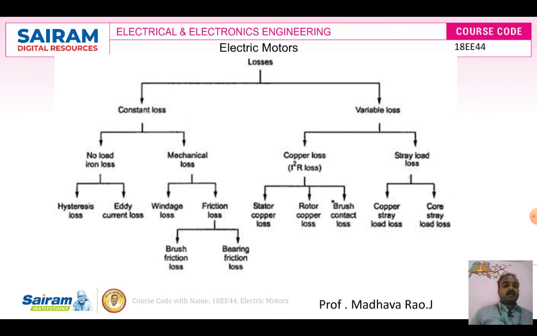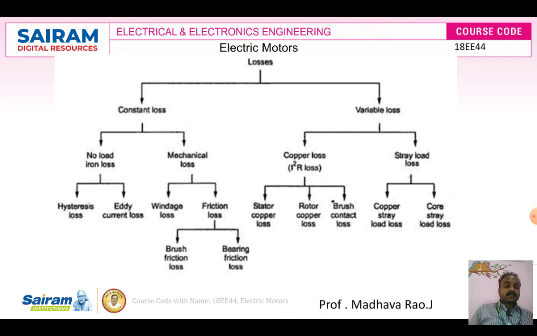Mechanical losses are produced due to windage or bearing friction, so they are classified into windage loss and friction loss. Friction losses are again classified into two subcategories: brush friction loss and bearing friction loss.